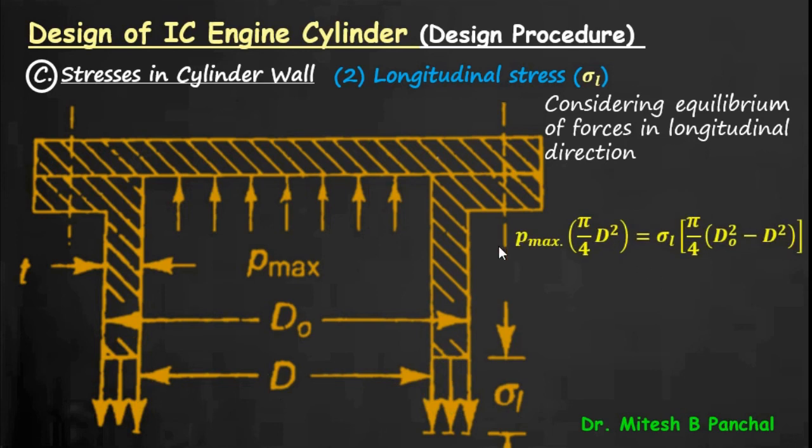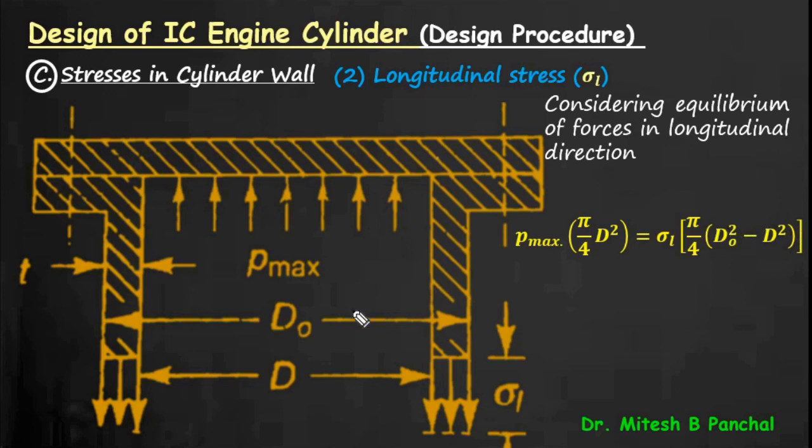The force equilibrium is written like this: P max into pi by 4 D square. This is the applied force, P max acting over the circular area having the diameter D. So the total applied force is P max into pi by 4 times D square, and the resisting load is given as sigma L into pi by 4 times (Do square minus D square).